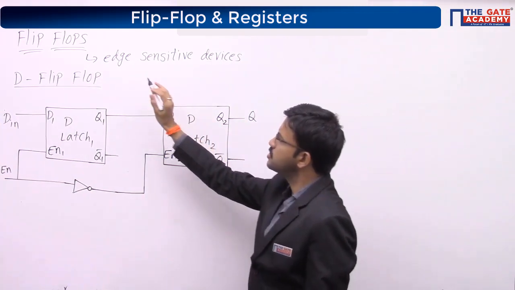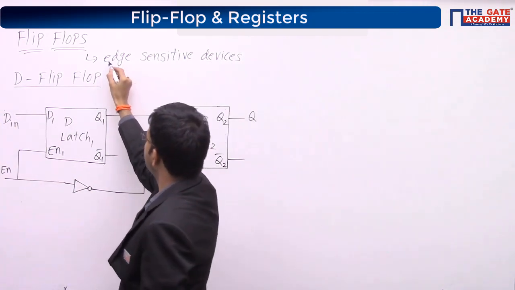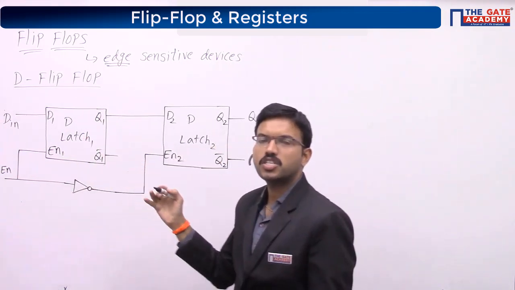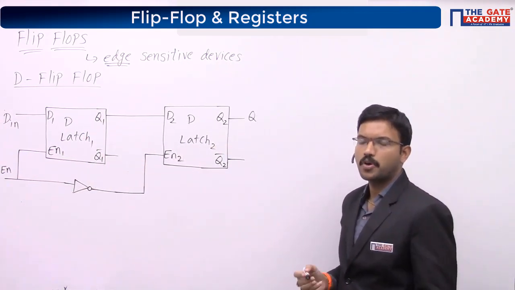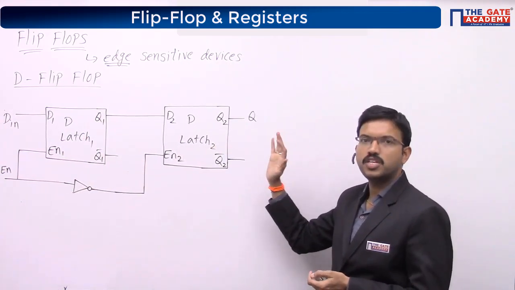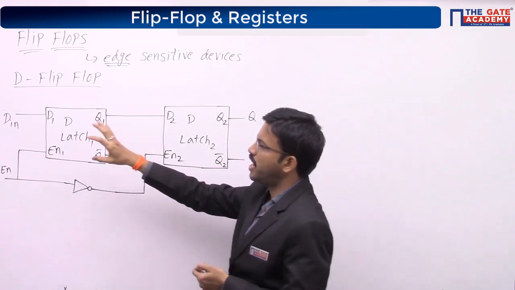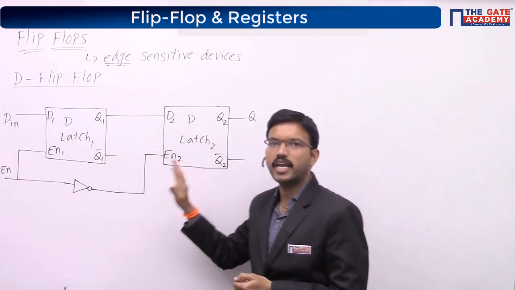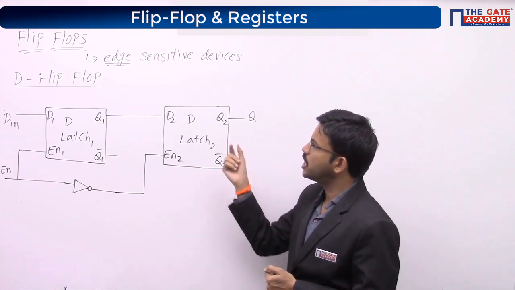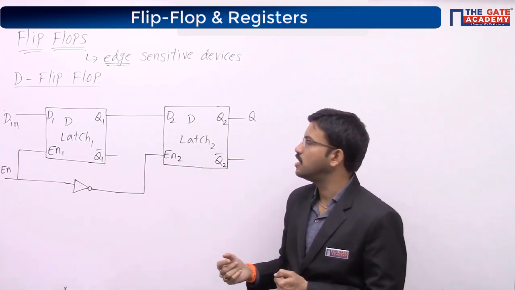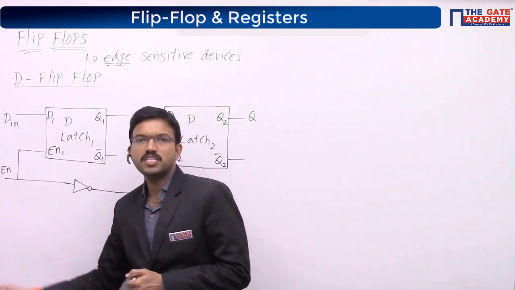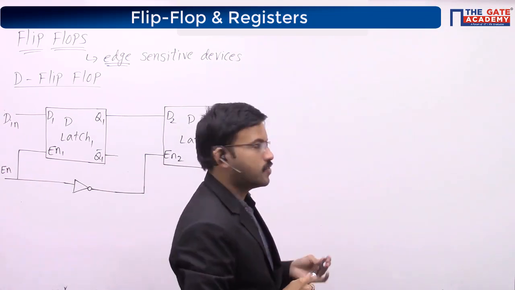Since flip-flops are edge sensitive, that means either 0 to 1 transition or 1 to 0 transition. Only just before the transition, whatever input you are having, based upon that you will get the overall output. So we have to send a periodic signal. This enable signal I am considering as a periodic square wave.